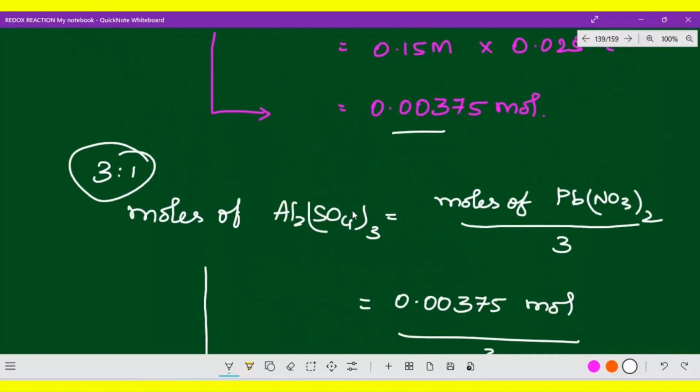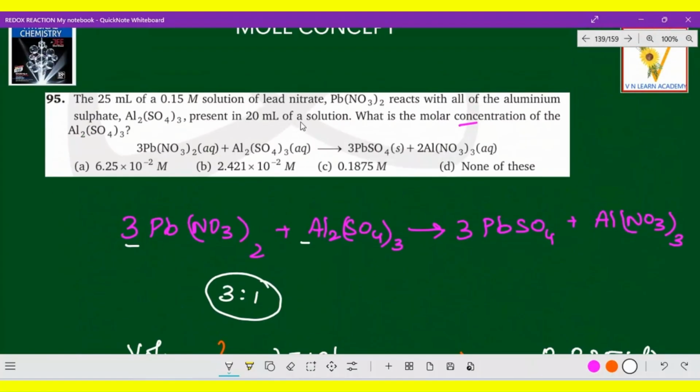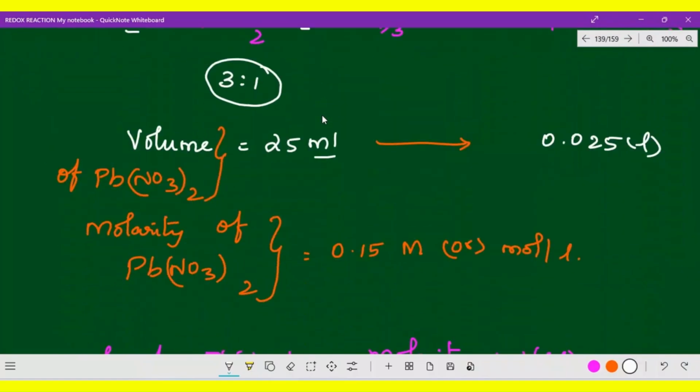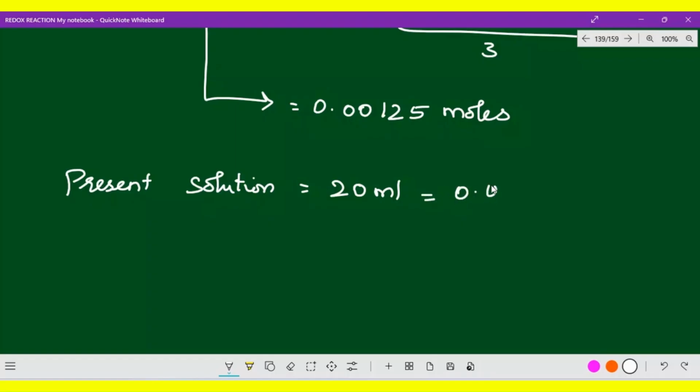Now the present solution they mentioned, right? Here, 20 ml of solution is mentioned. So the present solution is 20 ml. Here also we converted it into liter, 0.020 liter. Now we have to identify molarity.